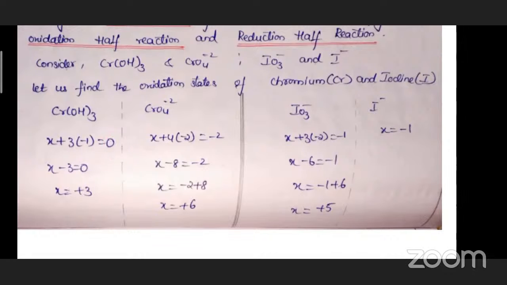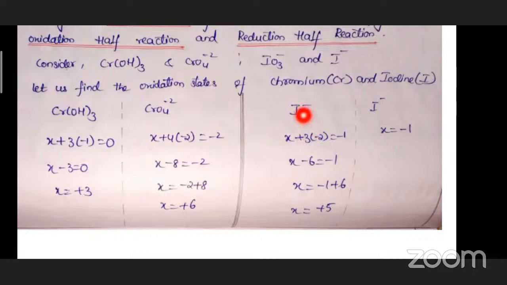Now let us see this one. IO3 minus is becoming I minus. So we are finding out the oxidation state of iodine in both these cases. In IO3 minus, the oxidation state of iodine is +5. Yesterday we saw the rule, right? Whatever we are finding, we write it as X, and here there are 3 oxygens, so 3 into -2, because each oxygen's oxidation number is -2.